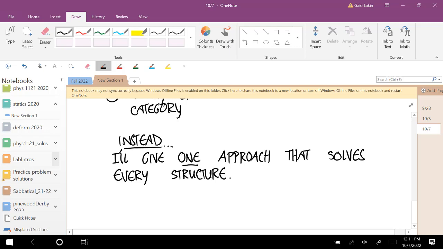The downside is that you can end up with a lot of equations and a lot of variables. But that's what we're going to do because, with calculators and MATLAB and everything, that's just not a big problem anymore.